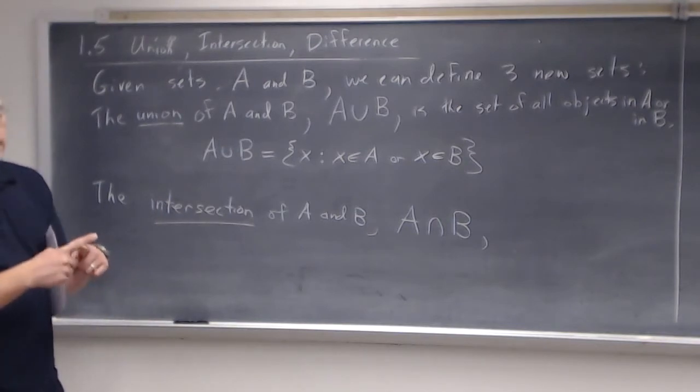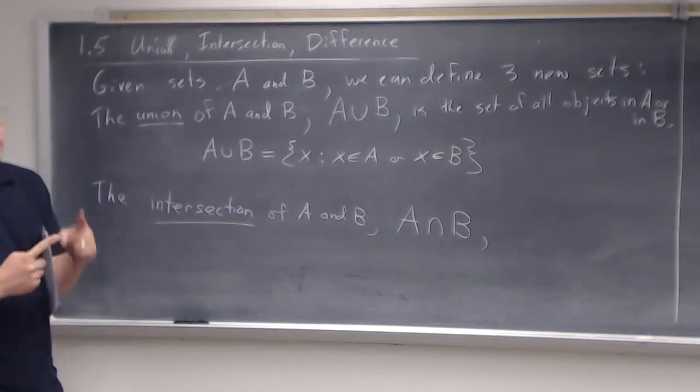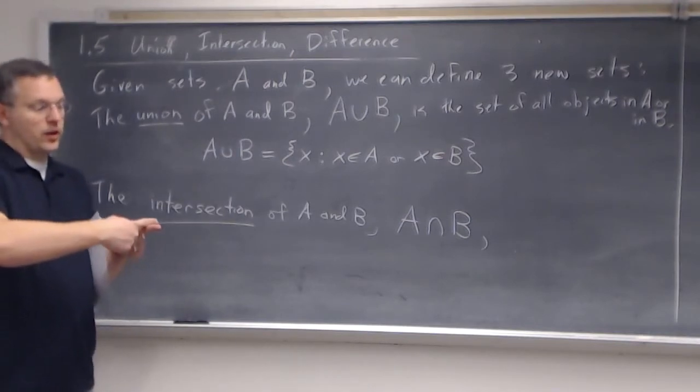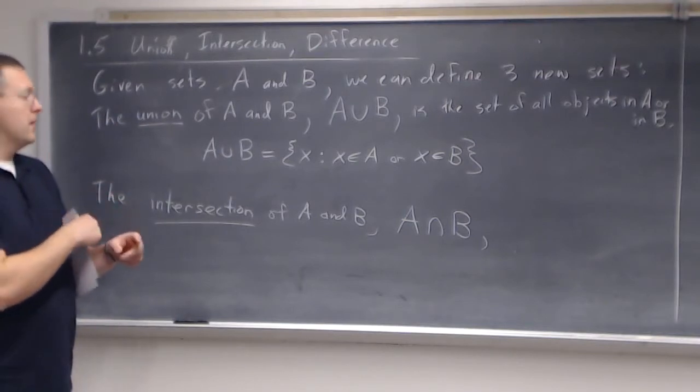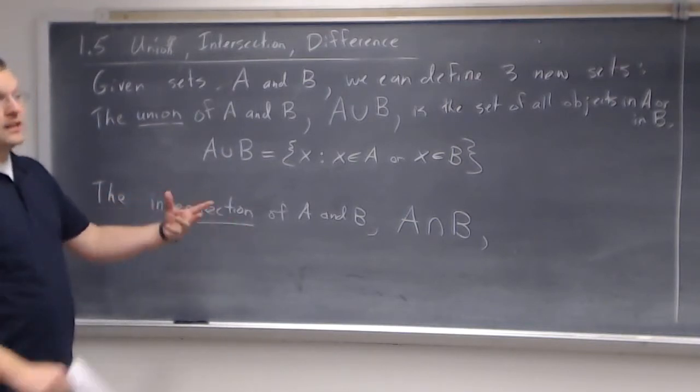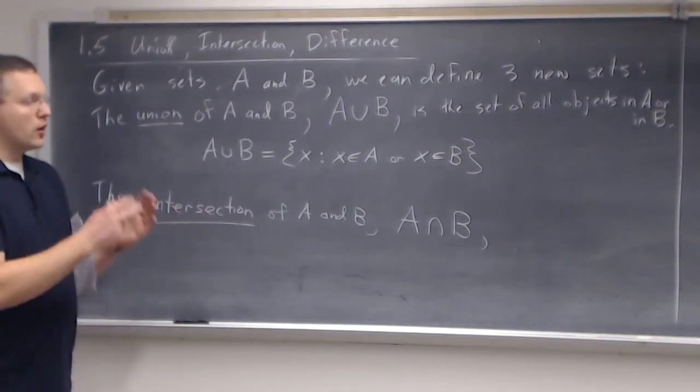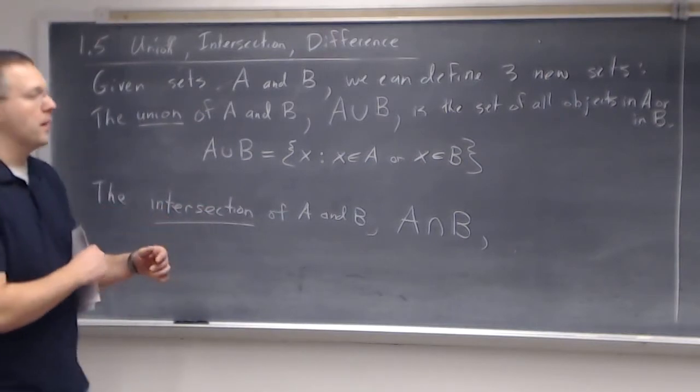It's where another road overlaps the one you're on. Think of it as where these two sets overlap. What are the things that are in both sets at the same time?